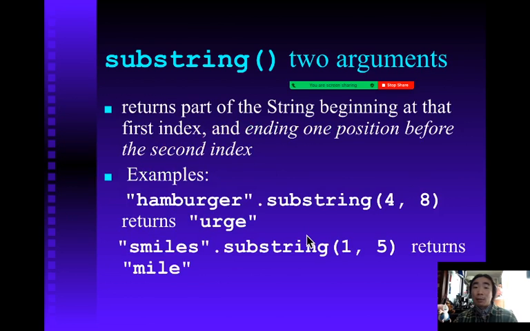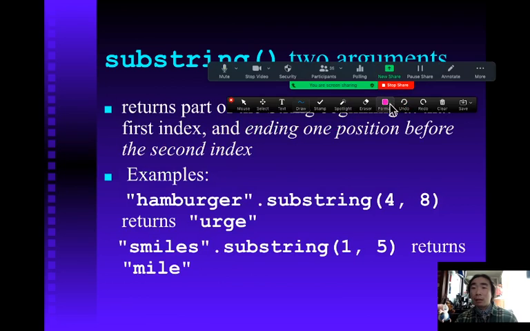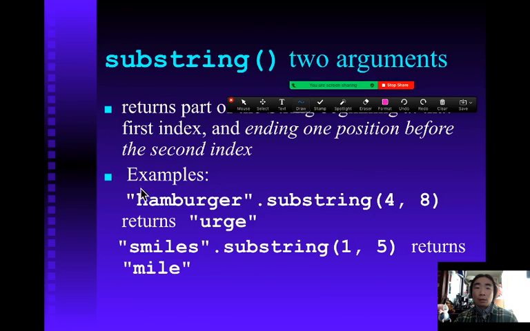So let's take a look at some examples. Let me go annotate to the screen again, and perhaps we'll find our answer. Let's start counting at 0. I do think that's the way to go, because Java is not an inconsistent language that would screw you like that. Hamburger, substring beginning at 4, ending at 8.